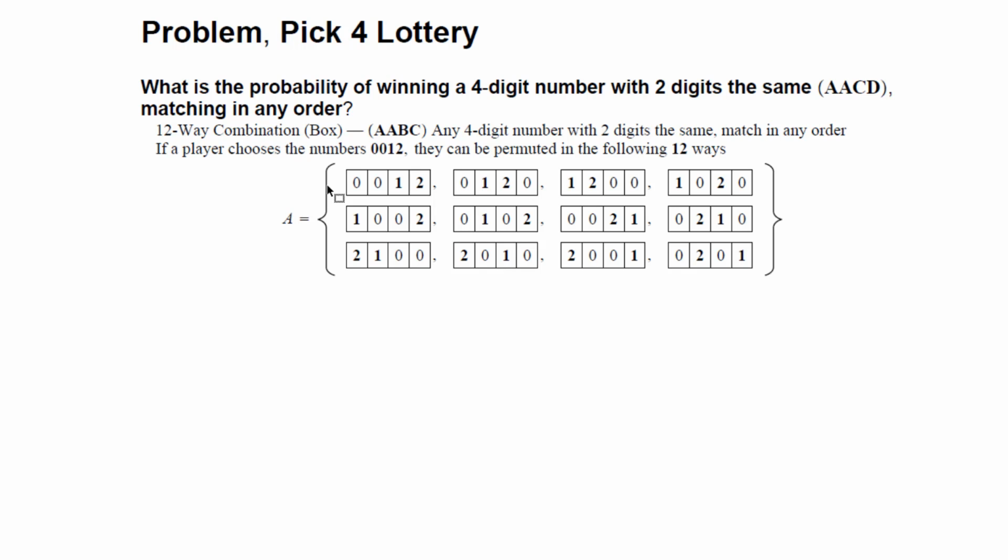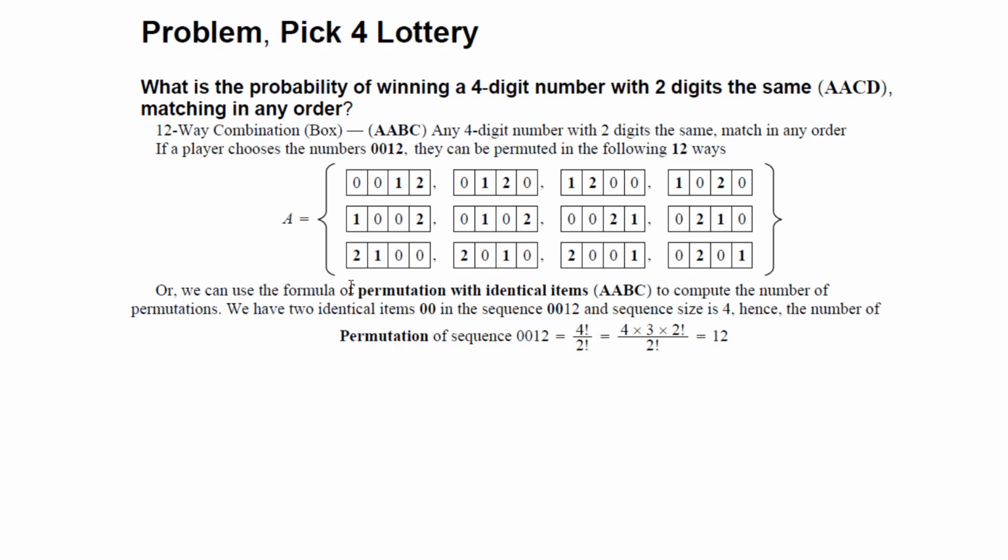In such a case, if we have a ticket such as 0012, this ticket can be reordered in 12 ways. But how do we know that this ticket can be ordered in 12 ways? We can use the permutation formula with identical items.